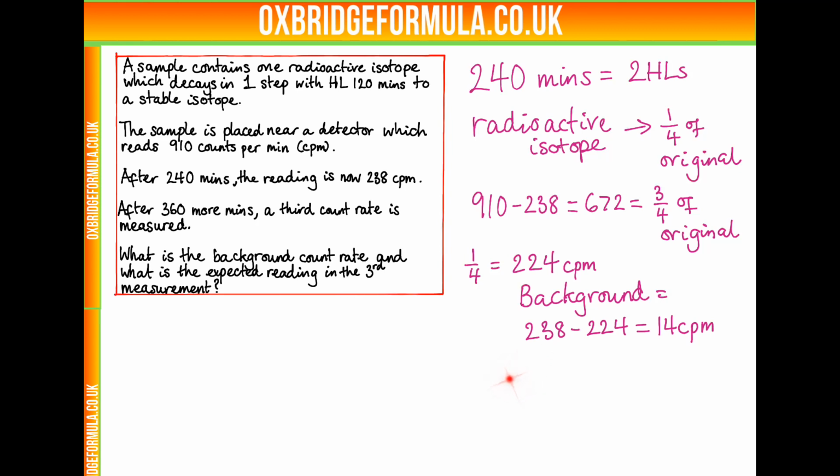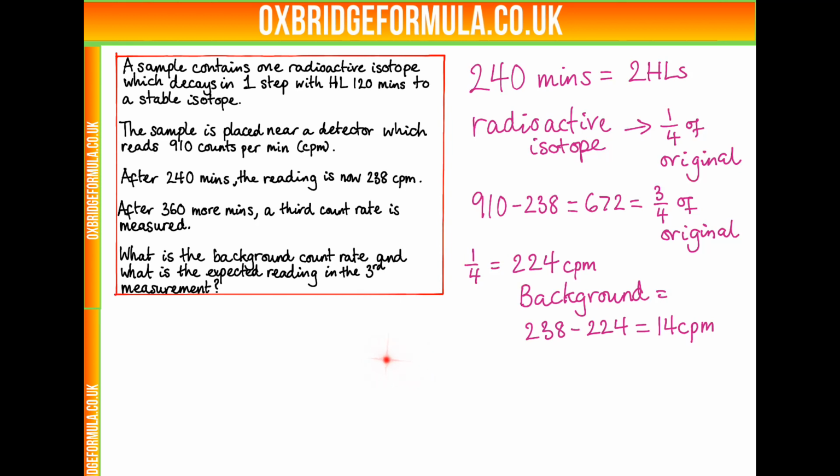So we needed to get the radioactive isotope's count rate at any one time in order to get this background count rate. Now we move on to the problem of the third count rate and what we expect to measure. So this will come from the background plus whatever is still there after three more half-lives, which 360 more minutes is. So think of these numbers in terms of multiples of the half-life.